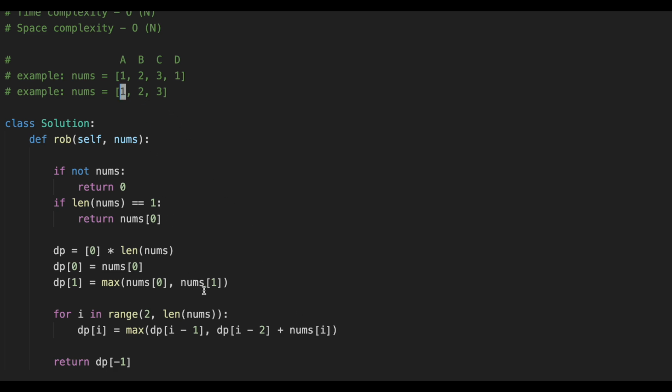So we are taking either 2, or 1 plus 3, which gives us 4. For the DP, we are updating this value by taking the maximum, and the maximum in this case is 4.